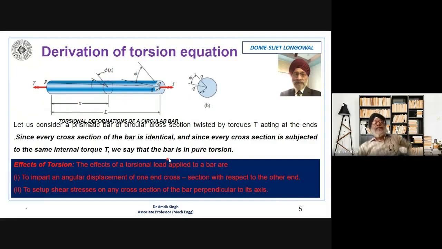The effects of the torsion load applied to the bar are to impart the angular displacement, that is this phi or theta, with respect to the other end, and to set up the shear stress in any cross section of the bar which is perpendicular to the axis. So the shear stress will be set up in this circular cross section which is perpendicular to the bar axis.